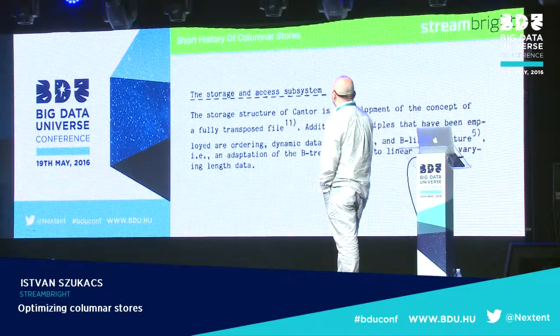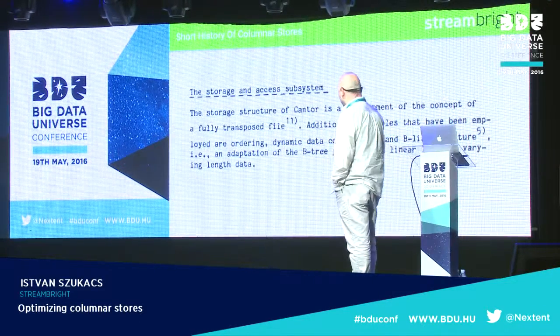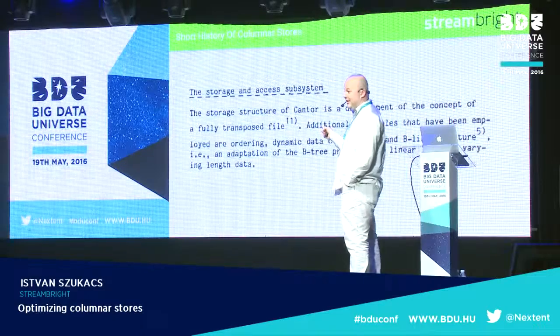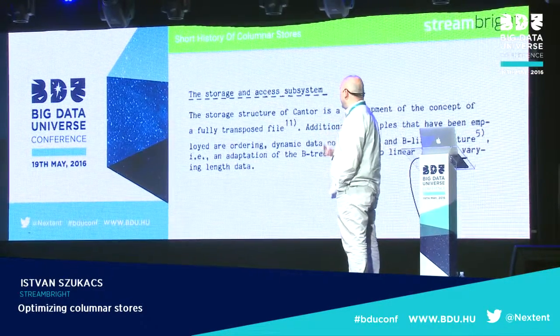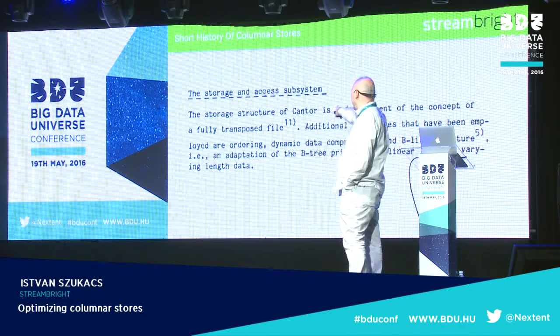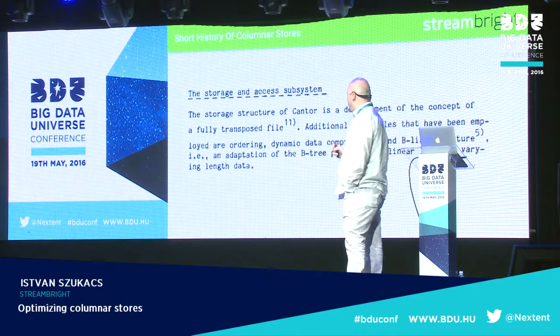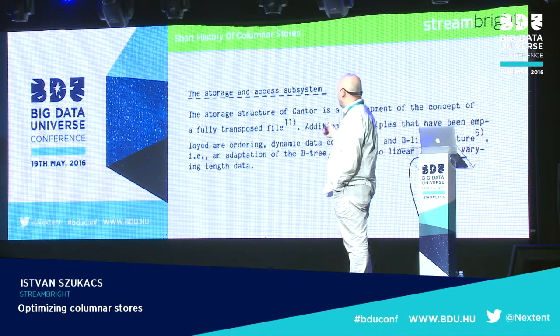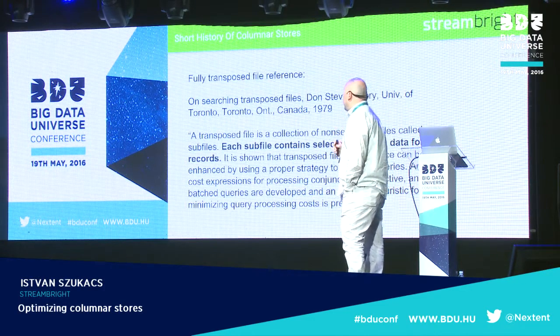And this is the very first mention of columnar stores. It's from the white paper. It was printed and scanned in later on because obviously in the 80s the white papers were typed on a typewriter. So this is the first reference right here. The fully transposed file is the reference to a columnar store. And funnily enough, this fully transposed file is a reference to this white paper.